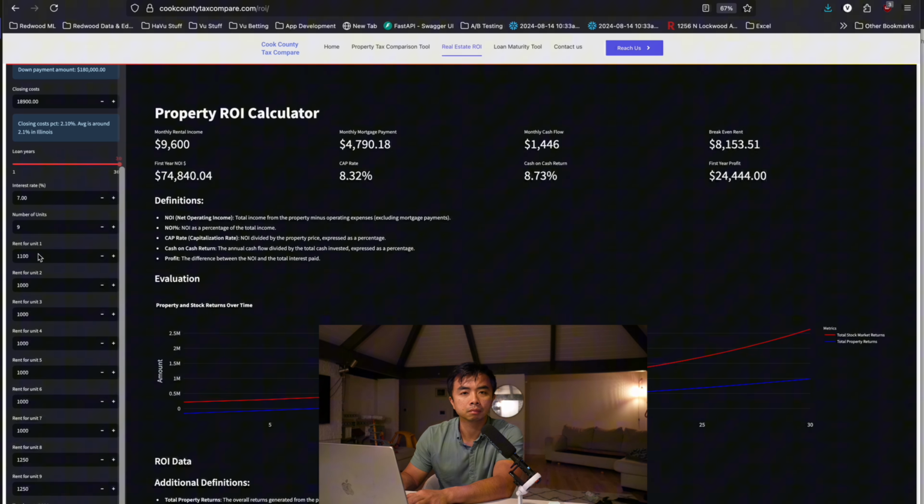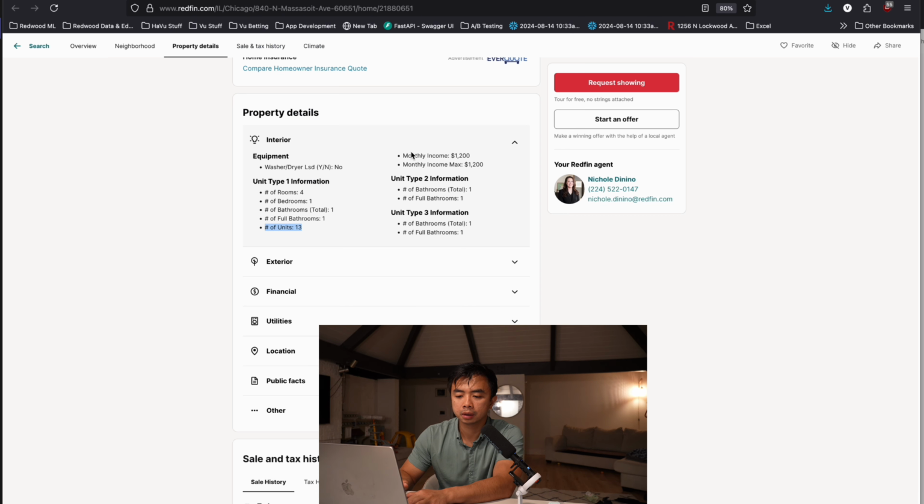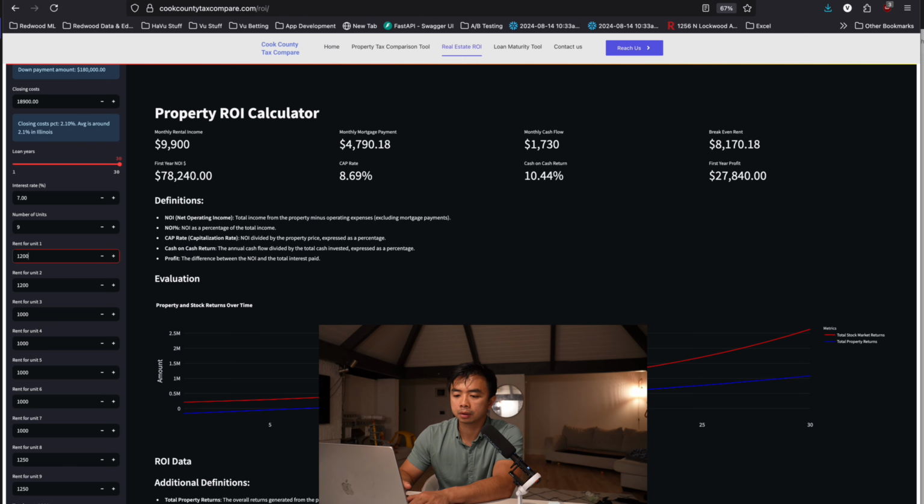So it'll be $200,000 for 30 years. Interest rate 7%. So it looks like they're claiming $1,200 per unit. So let's do that. But it's a 13 unit property. So 1,200, 1,200, 1,200.